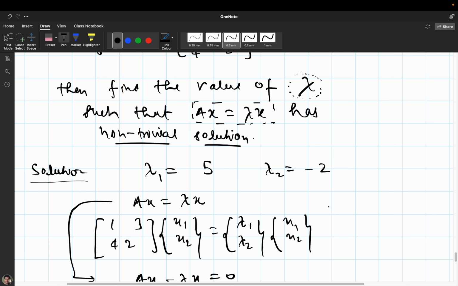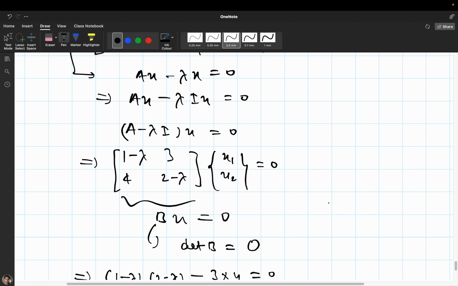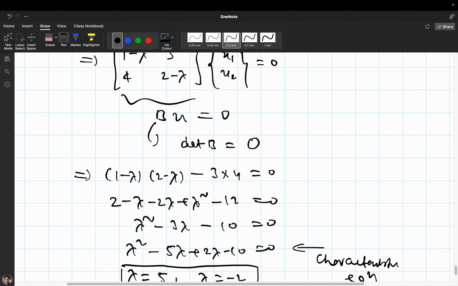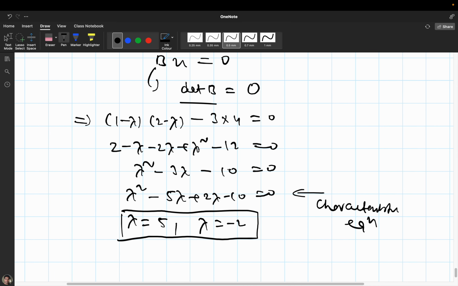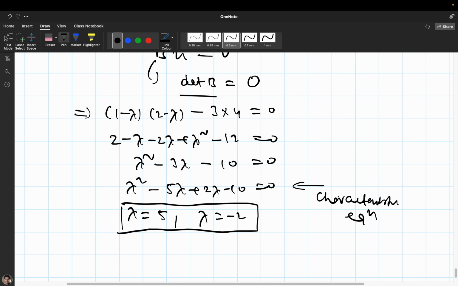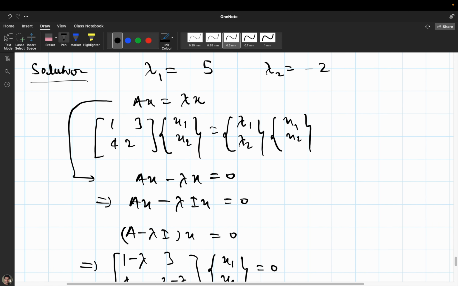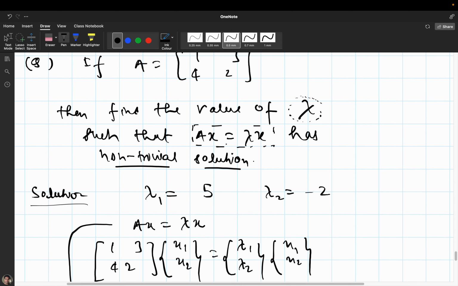We always need a non-trivial solution. That's why we need the determinant of B equal to 0, and because of that it gives the characteristic equation. So at these lambda, this system of equations will have a non-trivial solution. Is it fine?